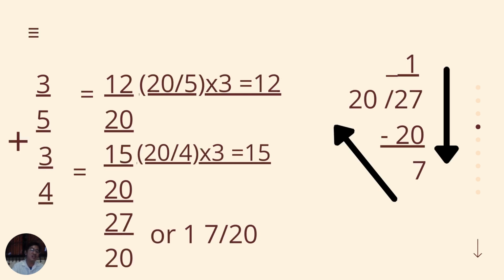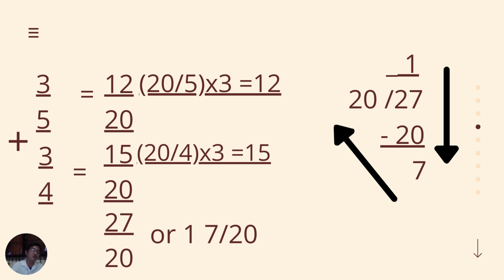Another example is 3/5 plus 3/4. First, we have to find the LCD of 5 and 4. The LCD of 5 and 4 is 20. So we write here 20. Then divide the LCD with the denominator of the given fraction. 20 divided by 5 is equal to 4.